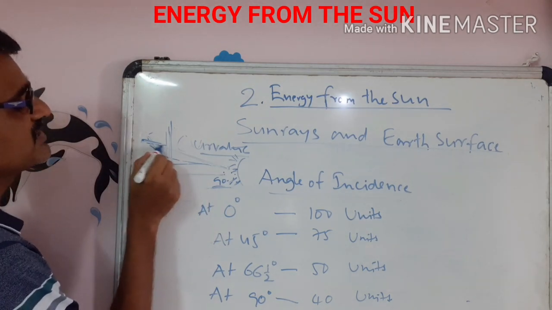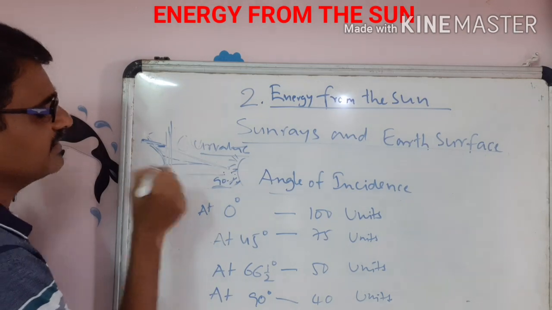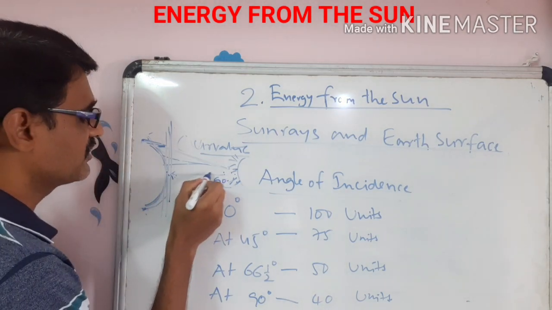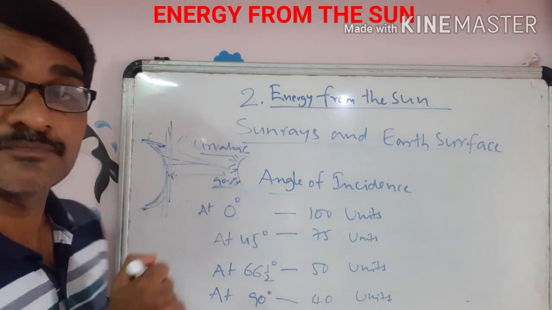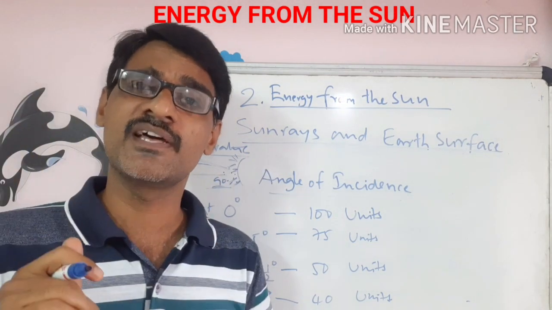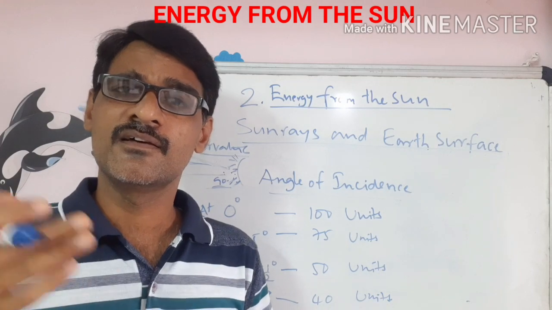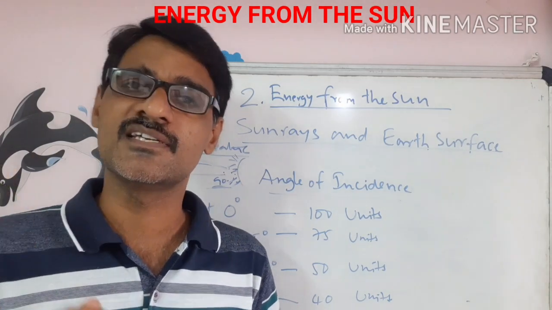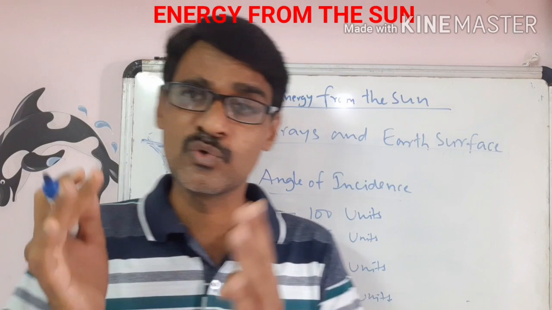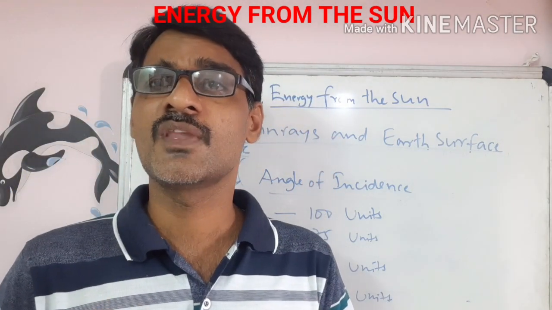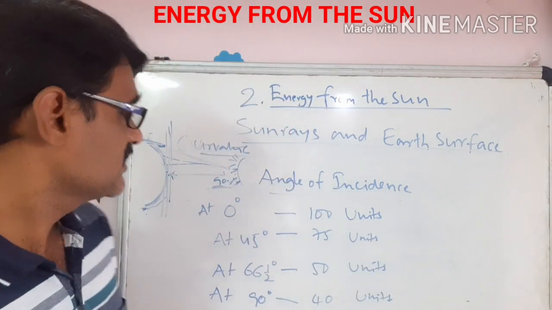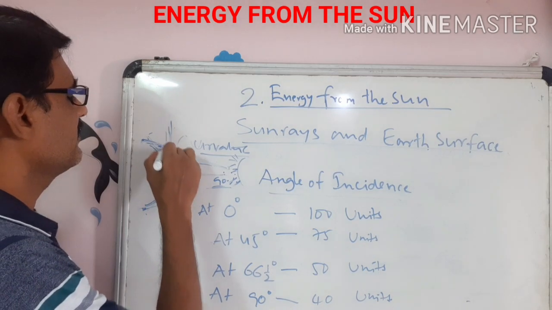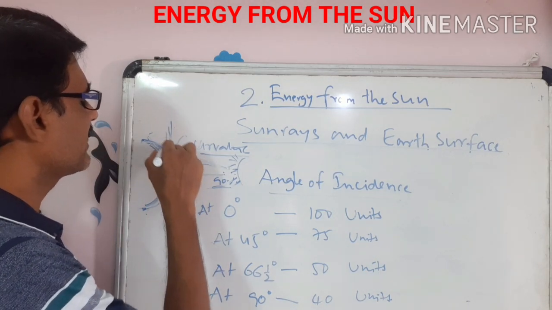So the traveling distance towards the poles is more than towards the equatorial zone. This is one cause.